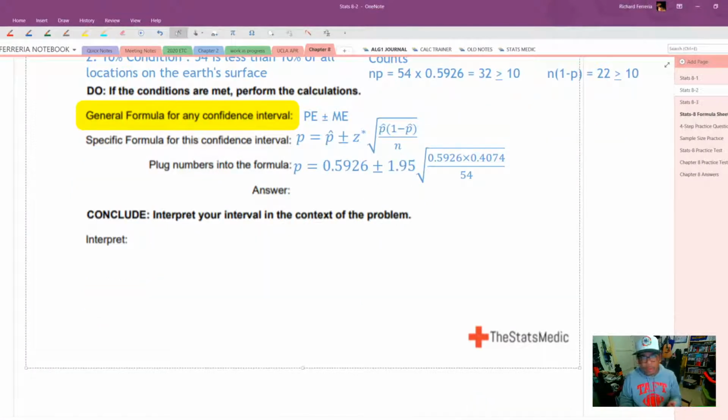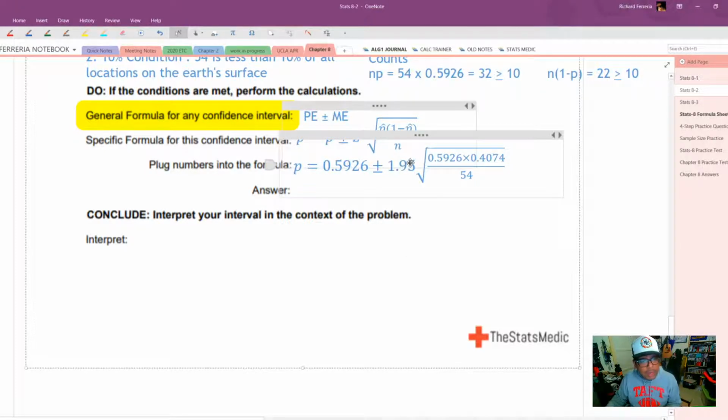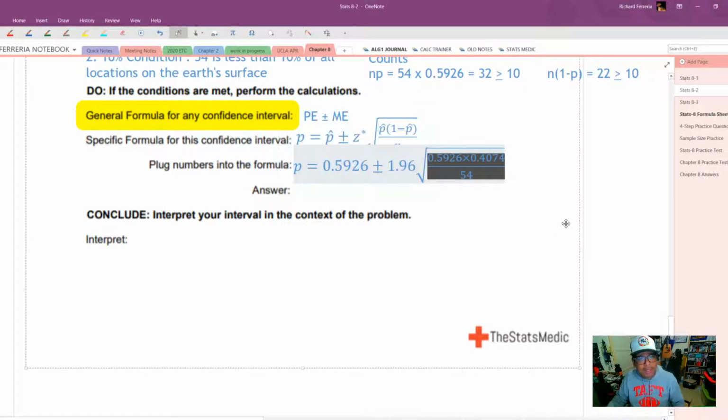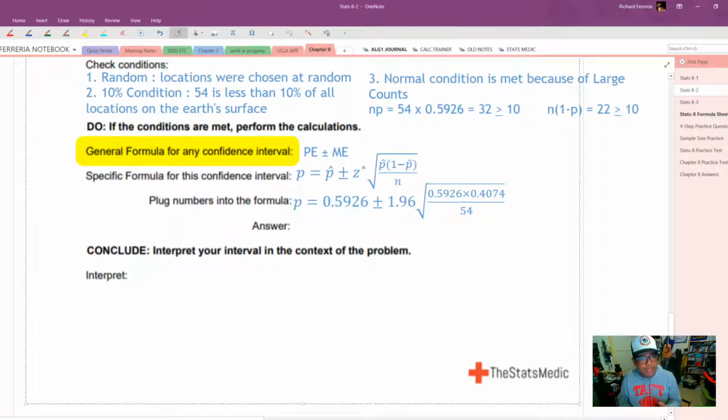Here we go with the numbers substituted: 0.5926 plus or minus 1.96 multiplied by the square root of 0.5926 multiplied by 0.4074, the whole thing over 54, and then we're just going to compute our answer. That gets us 0.5926 plus or minus 0.1311.